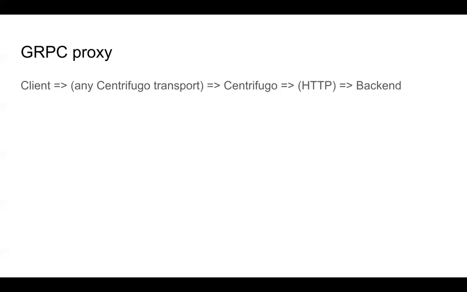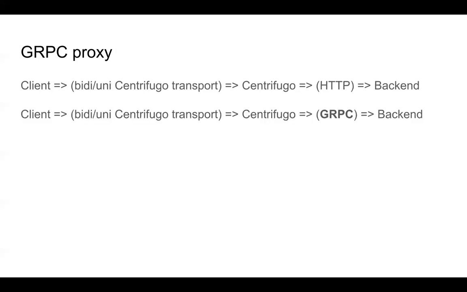Now about features. The first new feature which will be added is the gRPC proxy. Previously, we had an HTTP proxy to the backend. So a client connected to Centrifugo using any Centrifugo transport, then Centrifugo transformed this into an HTTP request to your application backend.